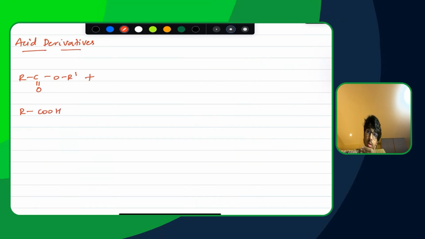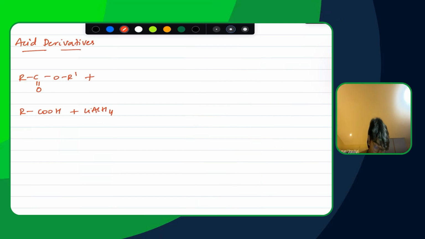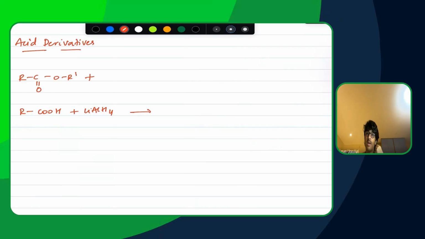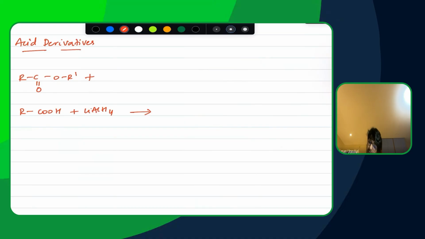With LiAlH4, that's one. What did you learn about that? I don't think it gives a reaction actually. Yes, it doesn't react. It's very less reactive. What is the reaction between these two? It won't react, I mean, very less yield. Sorry, it will react, sir.